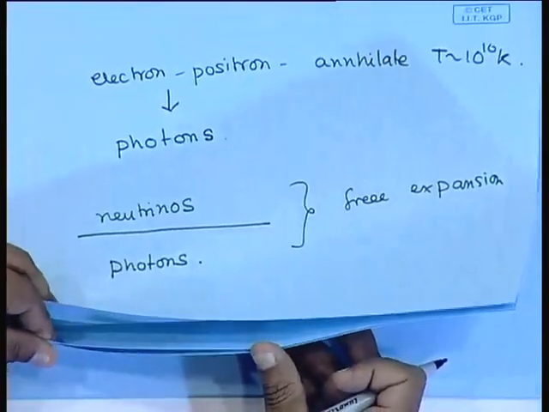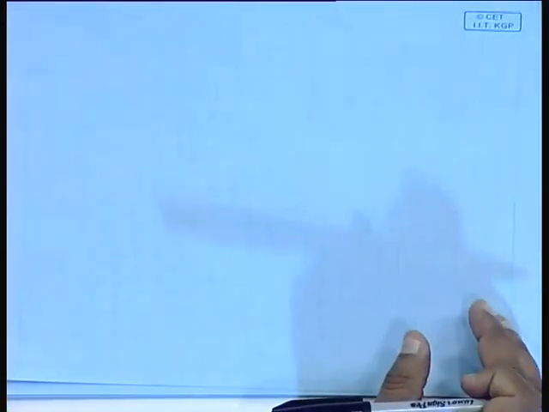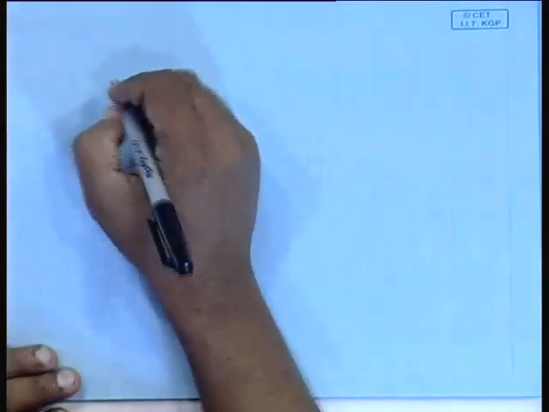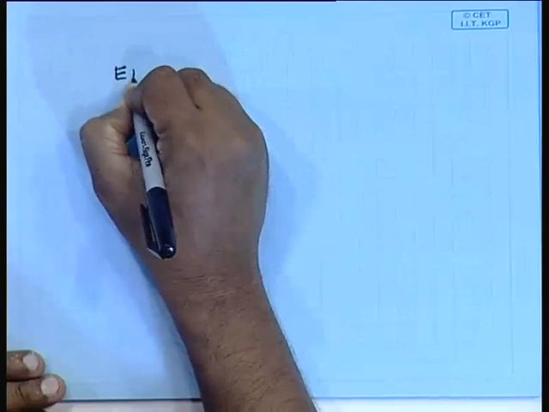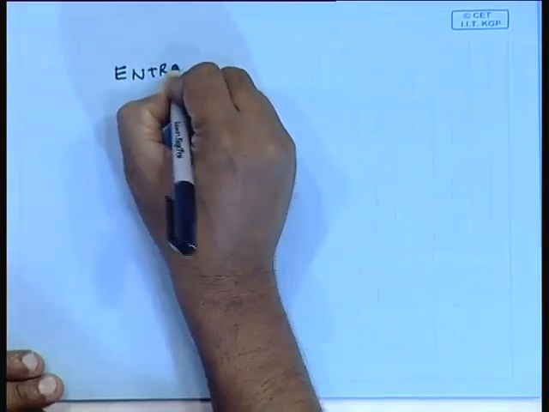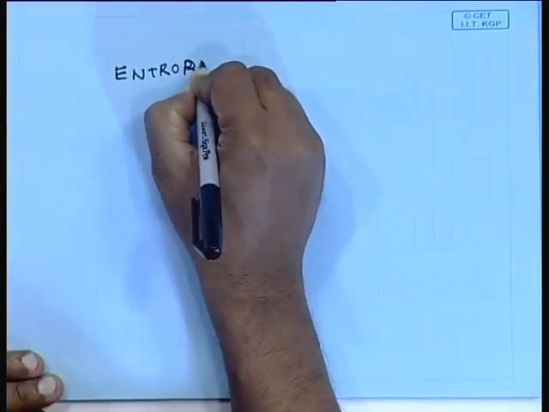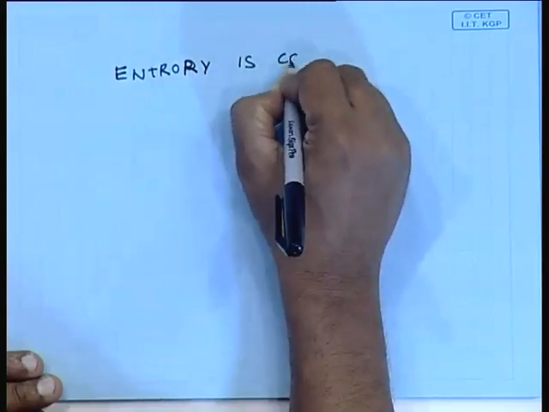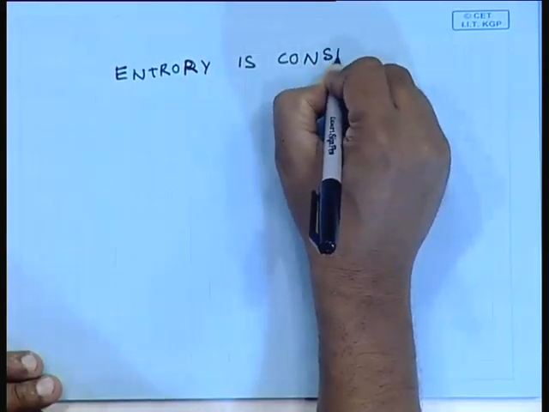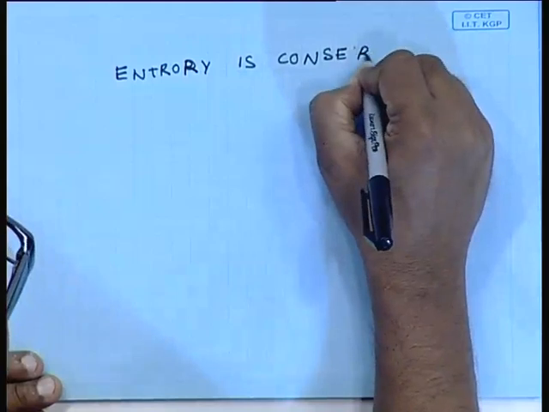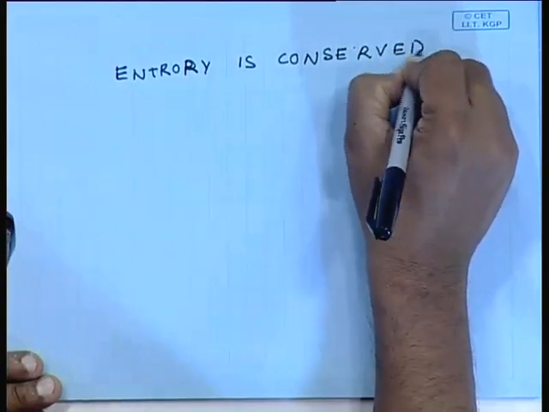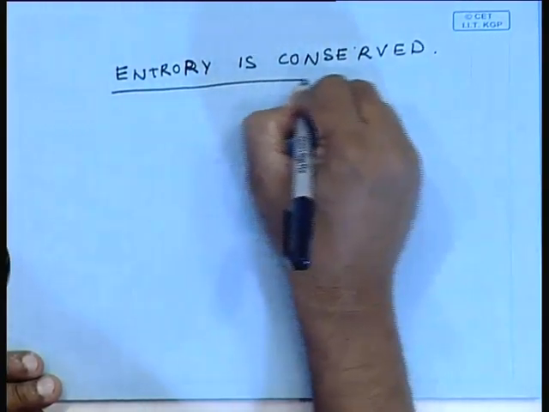So, the conserved quantity is the entropy, right. The entropy is the conserved quantity because this is adiabatic. The whole thing is adiabatic. So, entropy is conserved.